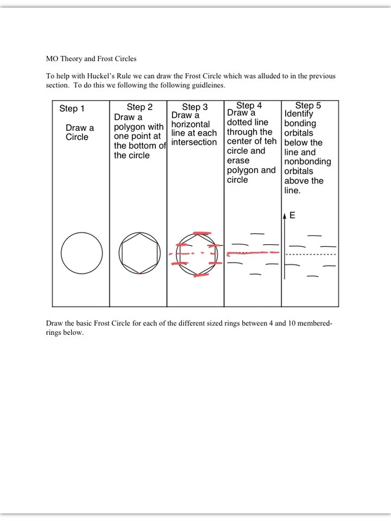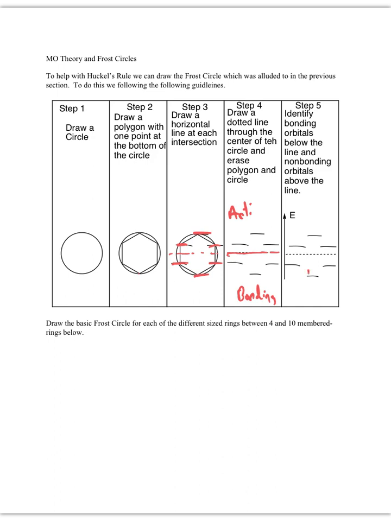Okay, and that dotted line is the demarcation line between the bonding orbitals, which are below, and the anti-bonding orbitals, which are above.